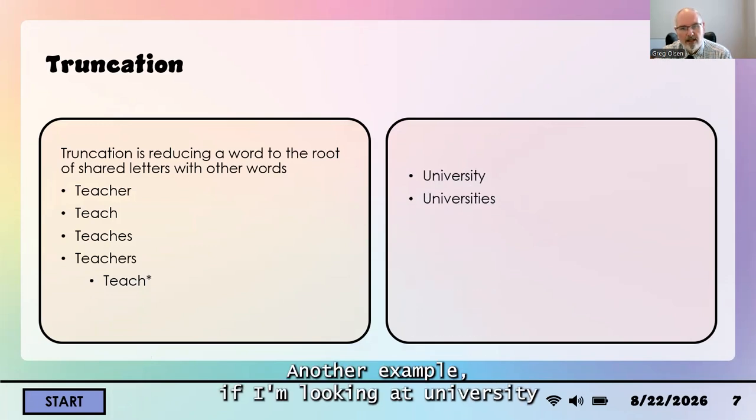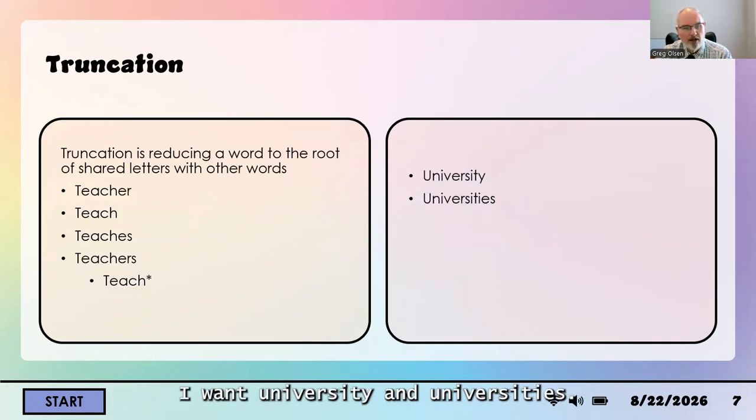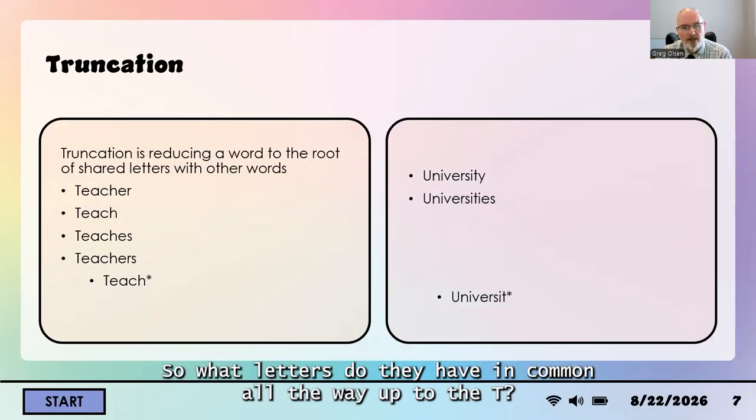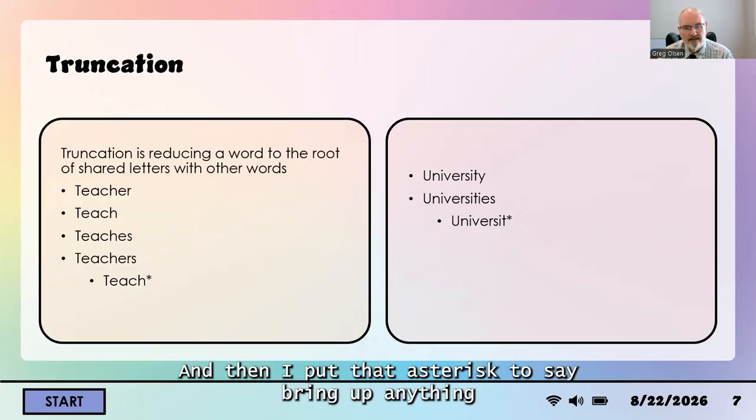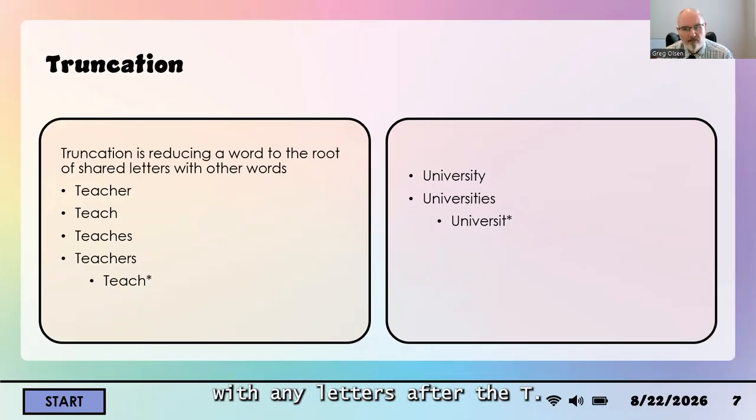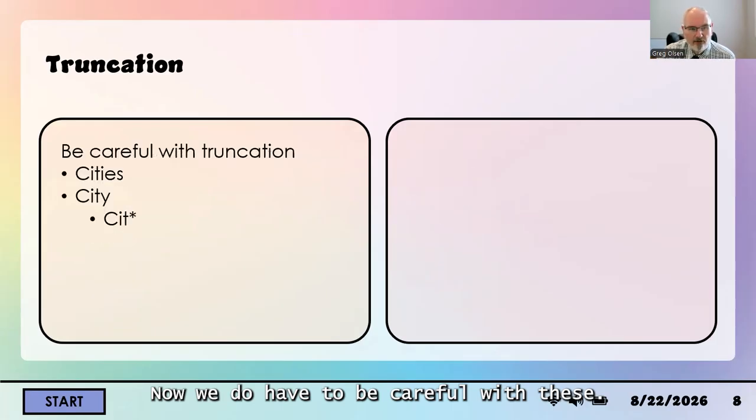Another example, if I'm looking at university, I want university and universities. So what letters do they have in common? All the way up to the T, and then I put that asterisk to say, bring up anything with any letters after the T.